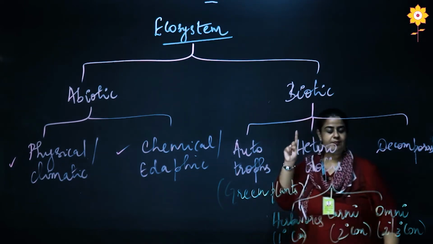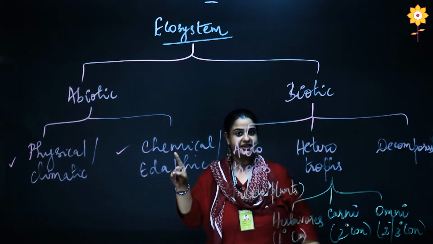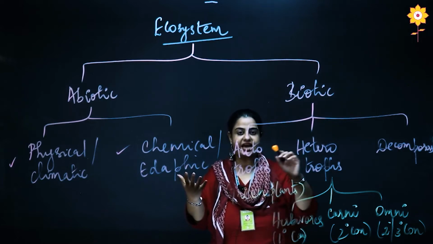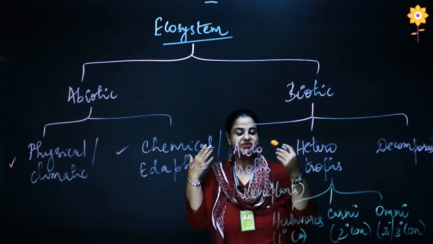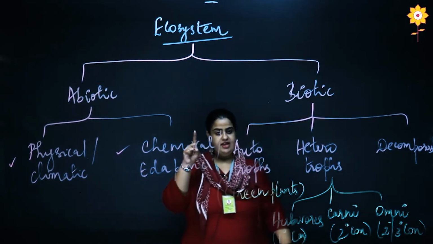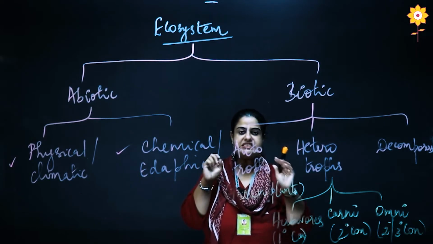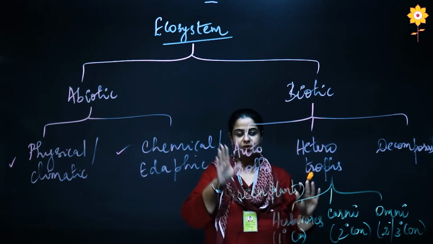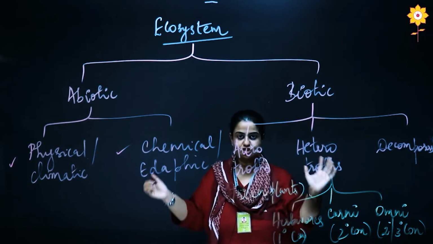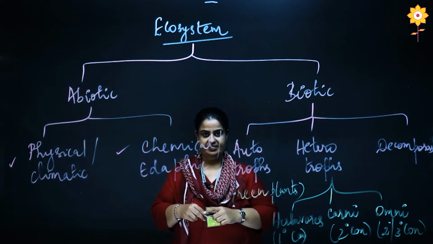They not only provide nutrient supply to the soil, but they also give, let us say, survival or cyclic flow of nutrients between biotic and abiotic components. In addition to that, they also clean the environment, making them the most integral part of biotic components in an ecosystem.